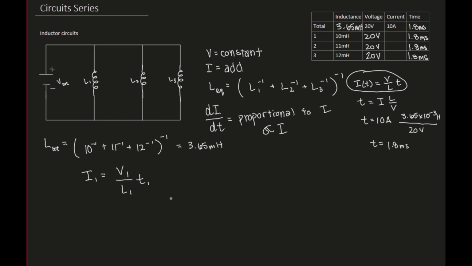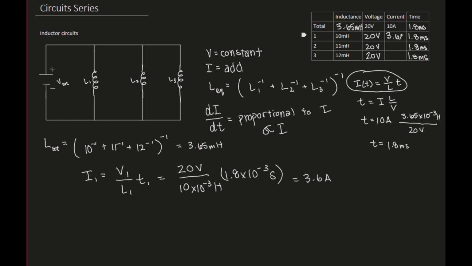For this one we get 20 volts over the inductance, which has to be in henries, so it's 10 times 10 to the -3 henries. Then I'm going to multiply that by 1.8 times 10 to the -3 seconds. So henries and seconds, we have to have the correct units. It's something like 3.6 amps.